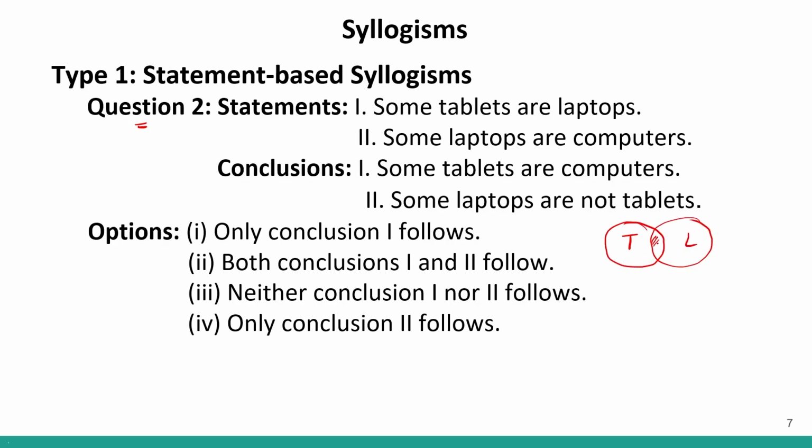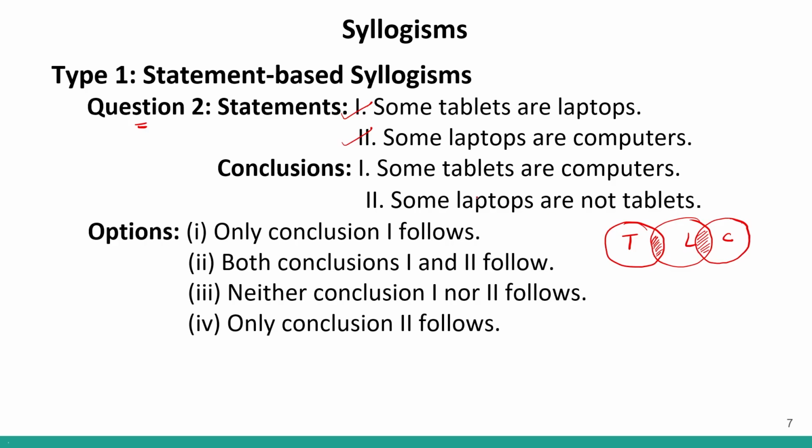This is the highlighted portion. Statement number 2 is some laptops are computers. So now I will draw computers like this because the highlight is over here that some laptops are computers. So this will be my Venn diagram.